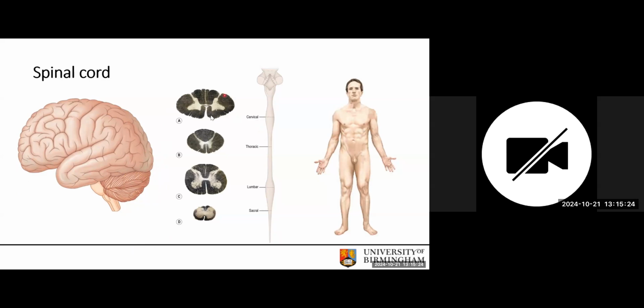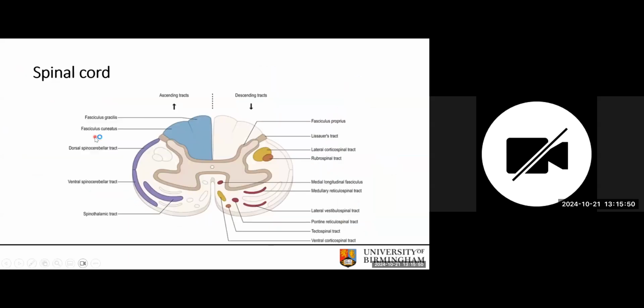The spinal cord has been sectioned here, transversely. And you can see those transverse sections: cervical, thoracic, lumbar, and sacral. That is how it will look if we have a transverse section of the spinal cord. Again, this is the transverse section of the spinal cord.